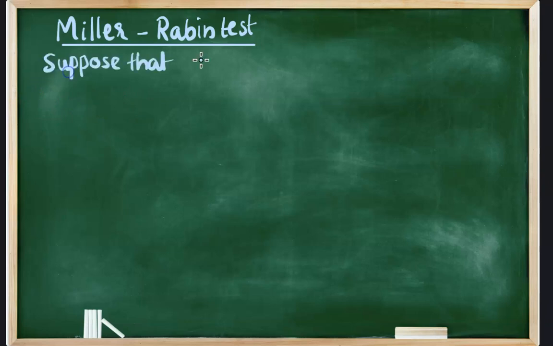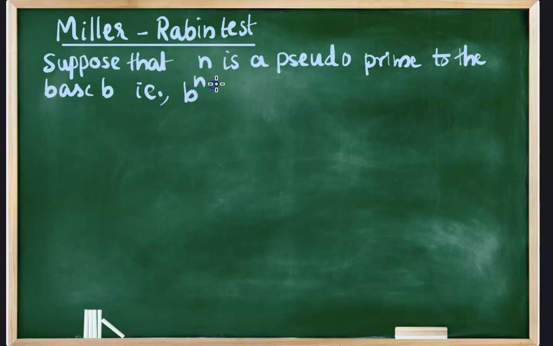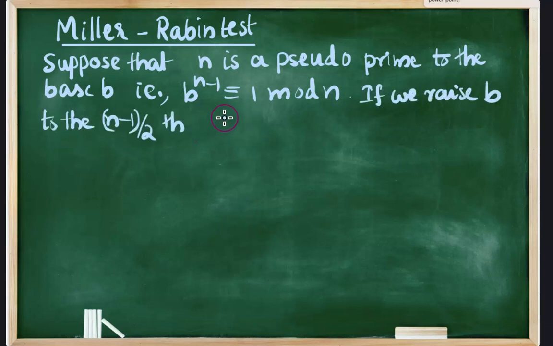Here, suppose that n is a pseudo prime to the base b, that is b raised to n minus 1 is congruent to 1 modulo n. Now, if we raise b to the n minus 1 by 2, that is the square root of this number, then if n is a prime number, we will get either plus or minus 1, since the square root of 1 will be either plus or minus 1 modulo a prime.